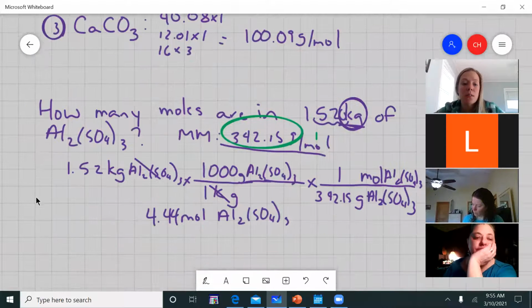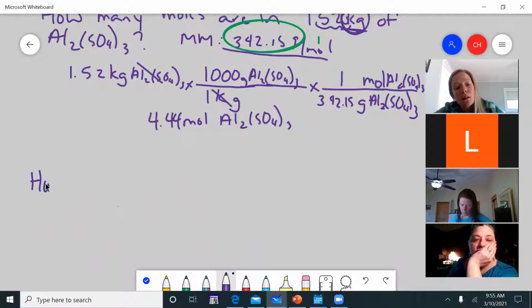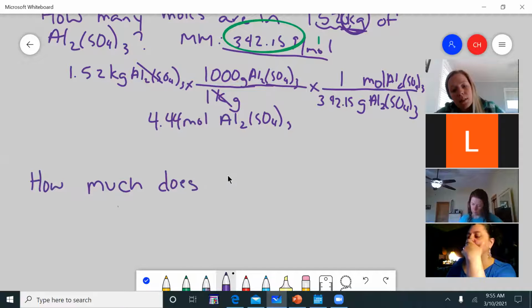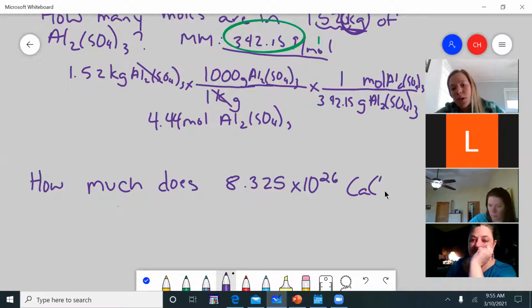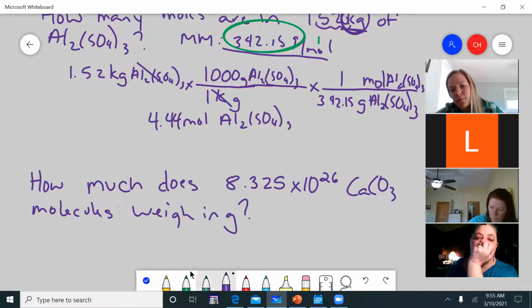How much does 8.325 times 10 to the 26th calcium carbonate molecules weigh in grams?